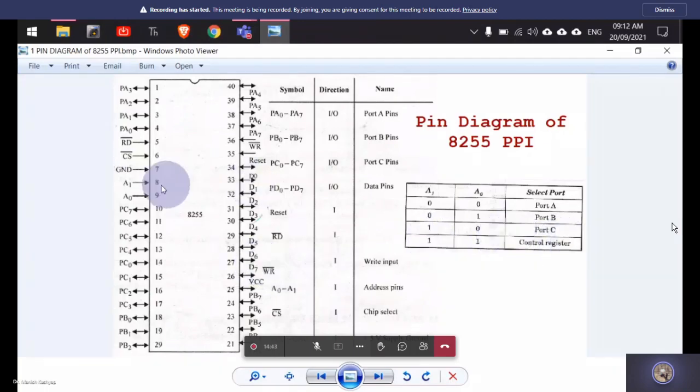These A1 and A0 can be connected to the address bus lines of your choice. I mean, whenever any IC or any device is connected to 8086 or 8085, we already see that some address decoding mechanism has to be there.